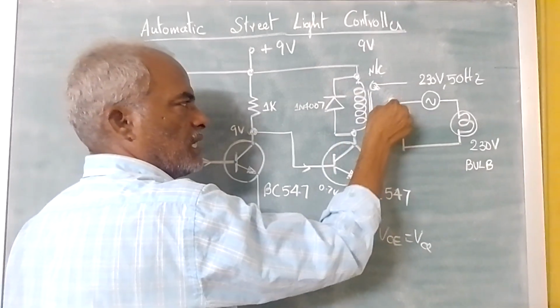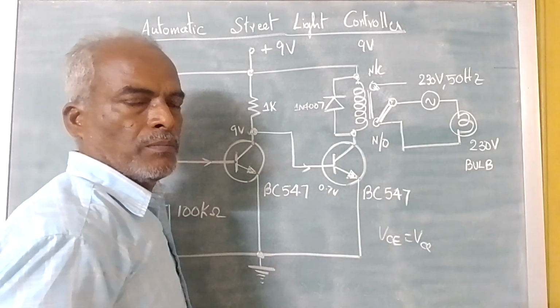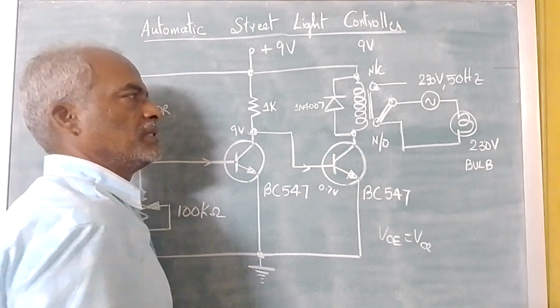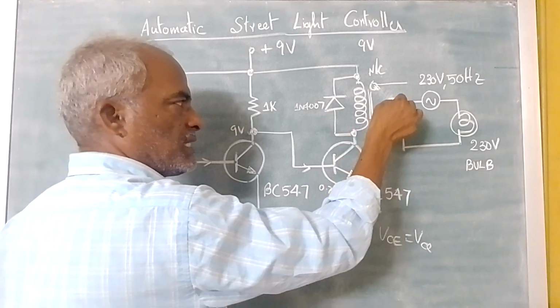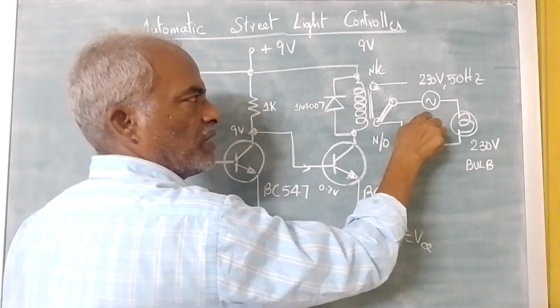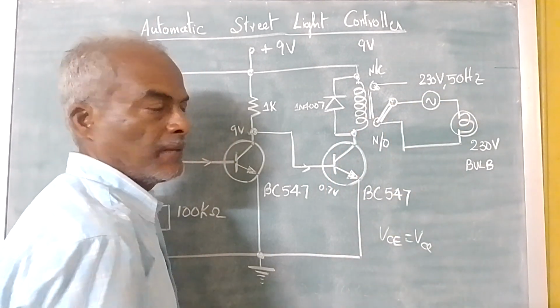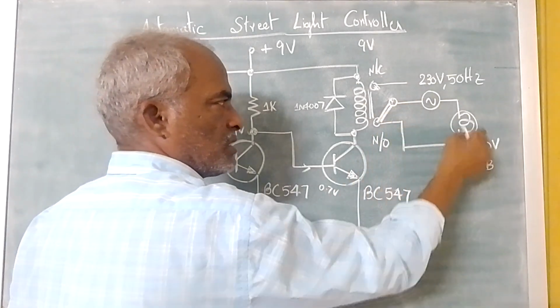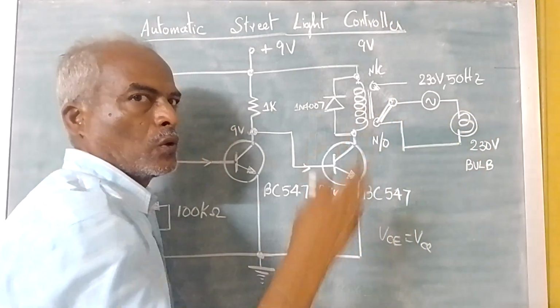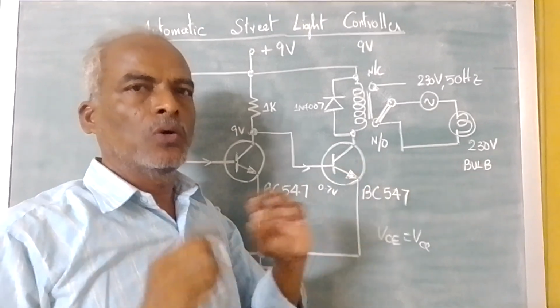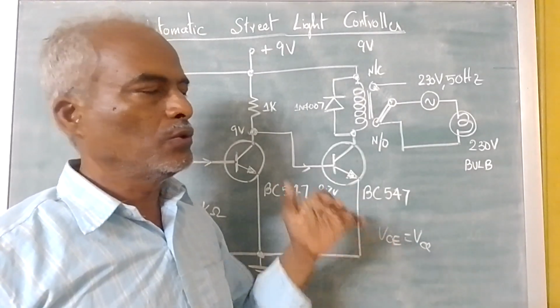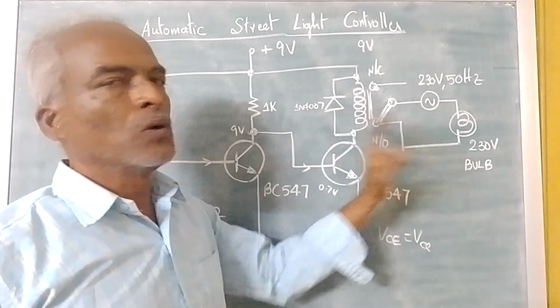Since it is energized, it falls here based on the electromagnetic principle. Now here we are giving 230 volts, 50 hertz AC. Therefore the circuit is closed, and this lamp will glow. This is the street light. So we will be getting the light. So during night this will glow.